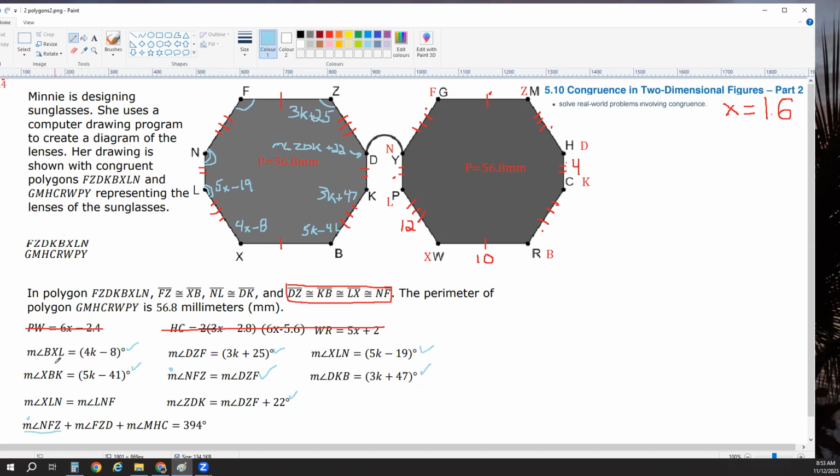I don't have an FZD up here. That's this congruent one, which is 3K plus 25. Where'd that go? DFC. No, that's the same thing. That was tricky. Sons of guns. Okay, so it's this one, this one. Aha. See what happens when we mark these up. We find a little tricky.